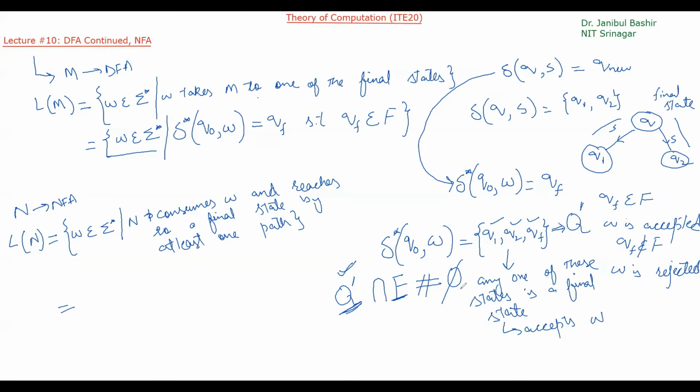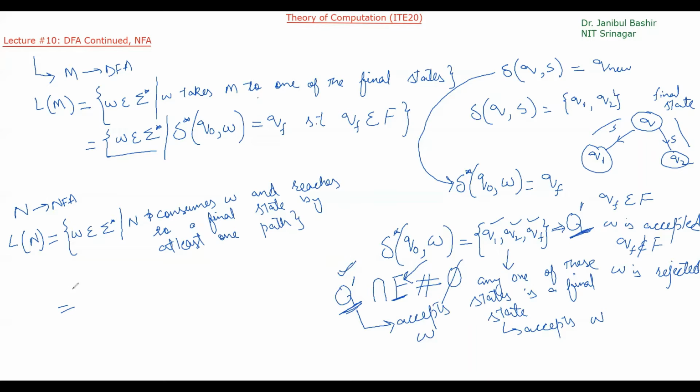So if it is not equal to phi, it means the NFA accepts W. So if in Q dash we have at least one state that is in F, then we say that our NFA accepts this particular string.